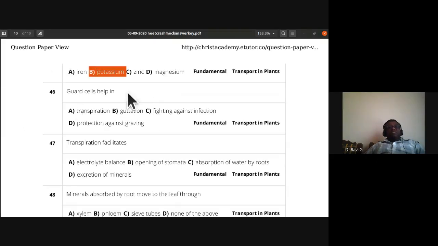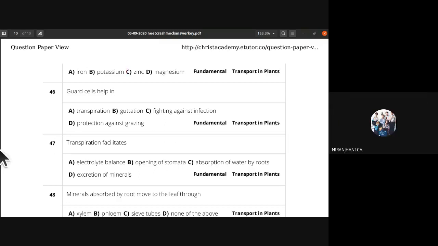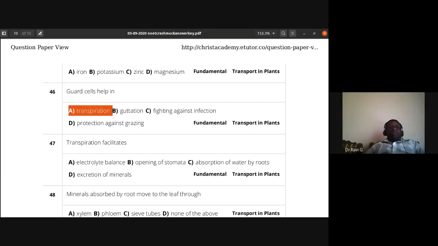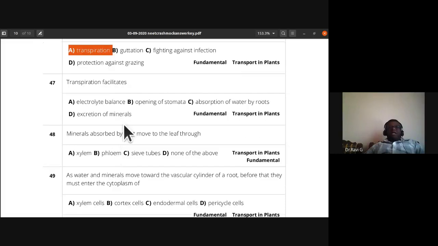46, guard cells help in transpiration, guttation, fighting against infection, or protecting against grazing. What is the role of guard cells? Guard cells help in transpiration. So the 46th answer is A, transpiration. 47th, transpiration facilitates electrolyte balance, opening of stomata, absorption of water by roots, or excretion of minerals.